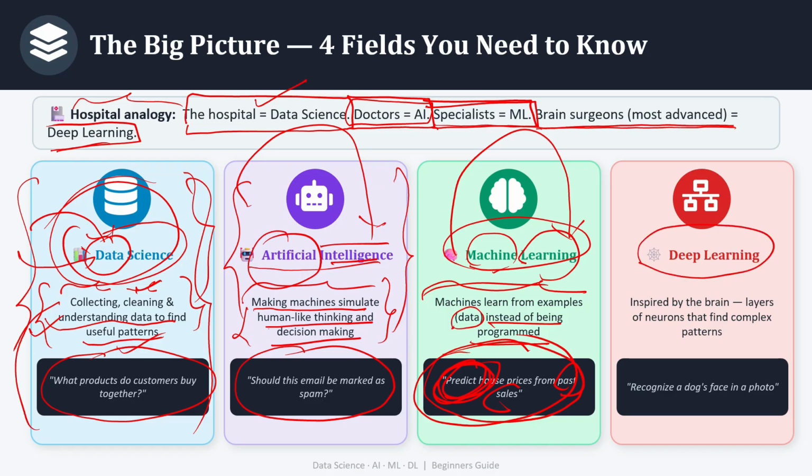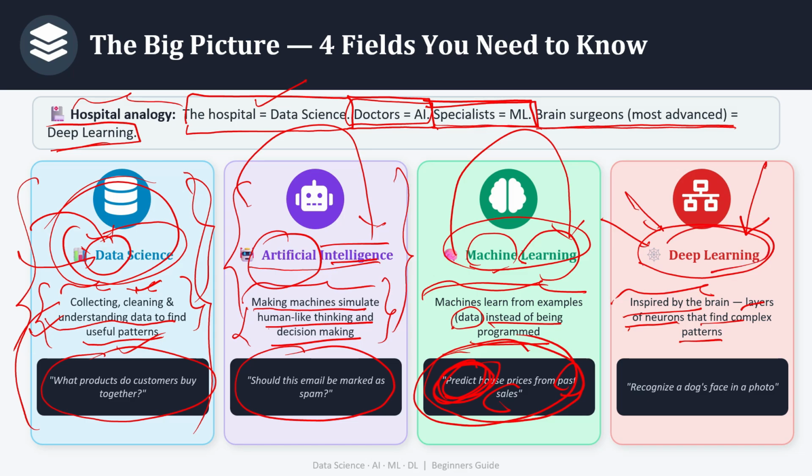Then we have deep learning, which is the most advanced, inspired by the brain. Deep learning is a model or technique inspired by the human brain, just like how human brains work. It has layers of neurons that find complex patterns. Just like the human brain, where you have many different neurons connected with each other, they communicate with each other to take certain kinds of decisions, very fast decisions.